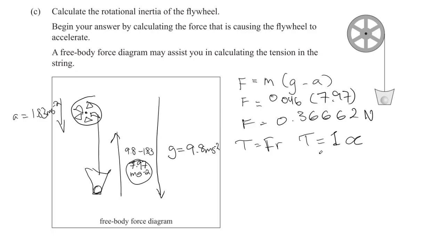The reason I'm bringing in these torque equations is that if we have two equations for one thing, it helps us solve for the other. I'm going to make torque equal to this force value multiplied by the radius.